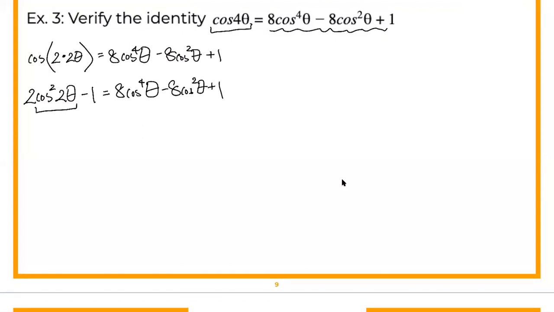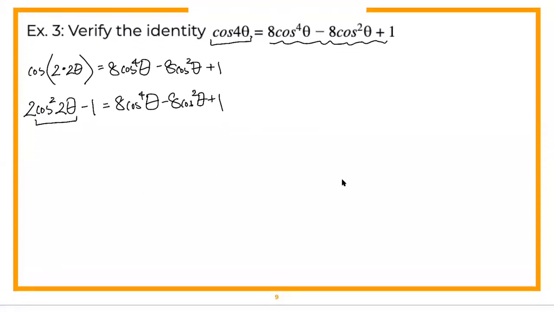So if I have cosine squared, what can I replace that with? Cosine 2 theta is going to be 2 cosine squared theta minus 1, and then I'm going to square it.